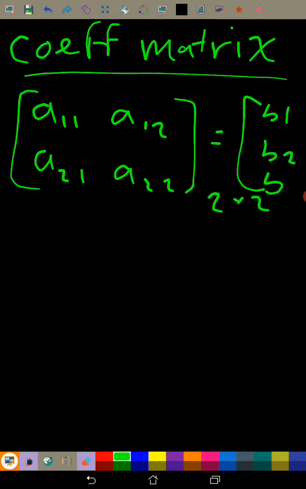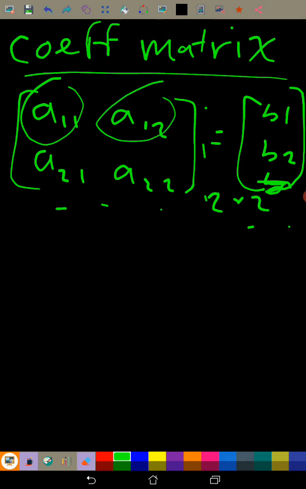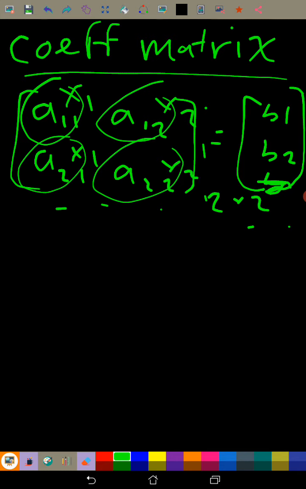I don't know, there is no other b because I didn't want to write more than this. So what happens is that these are just coefficients. Like I said, we can have x1 here, x1 here, x2 here, x2 here. We can write these things here, but we're just reading the coefficients.